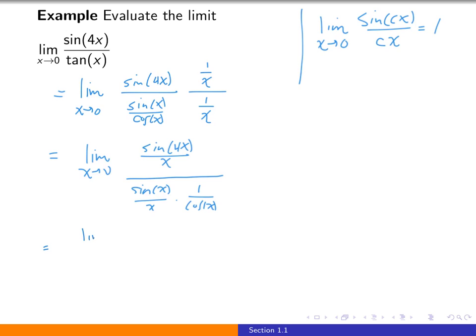So we'll have the limit of the top divided by the limit of the bottom. And in the bottom, it's a limit of a product, so we'll make it the product of the limits. The limit of the first multiplied by the limit of the second.